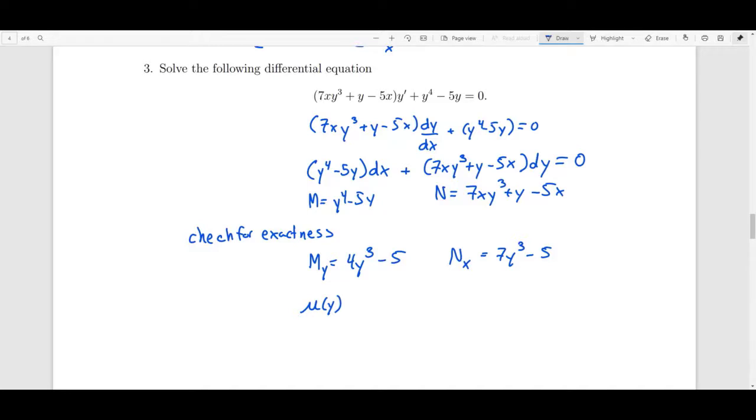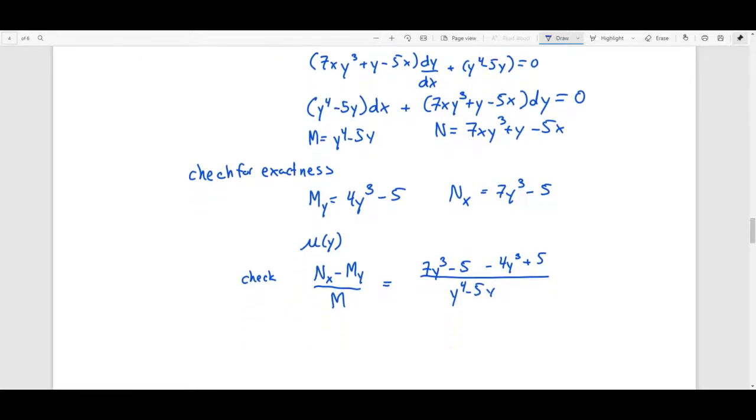So for our integrating factor to be indeed a function of y, we can check this necessary condition. And this has to be a function of y only. So we have the derivative of N with respect to x minus the derivative of M with respect to y, all divided by N. So indeed, okay.